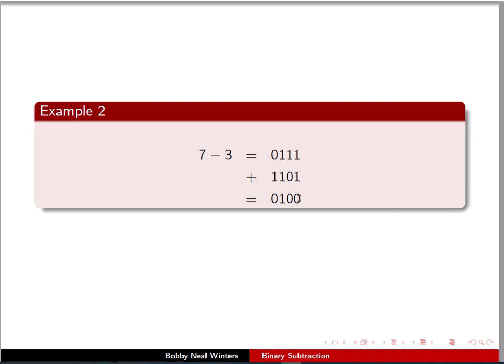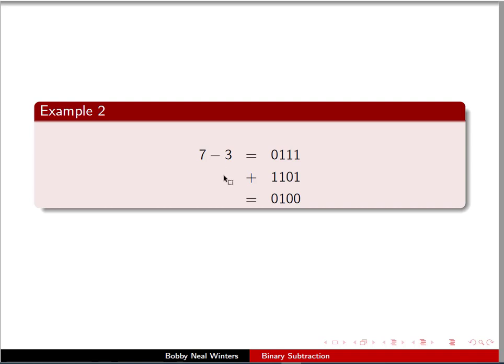1 plus 1 is 0, with a 1 carried. Carry the 1. 1 plus 1 is 0 with a 1 carried, so bring down the 0. Then I'll have 1 plus 1 plus 1, which is a 1 with a 1 carried, and 1 plus 1 is, you put down a 0, and you have 1 left over, which goes and disappears out on the left-hand side.